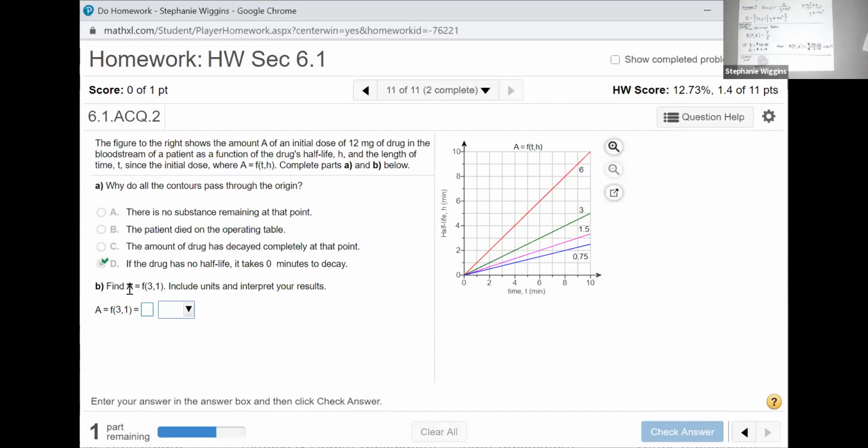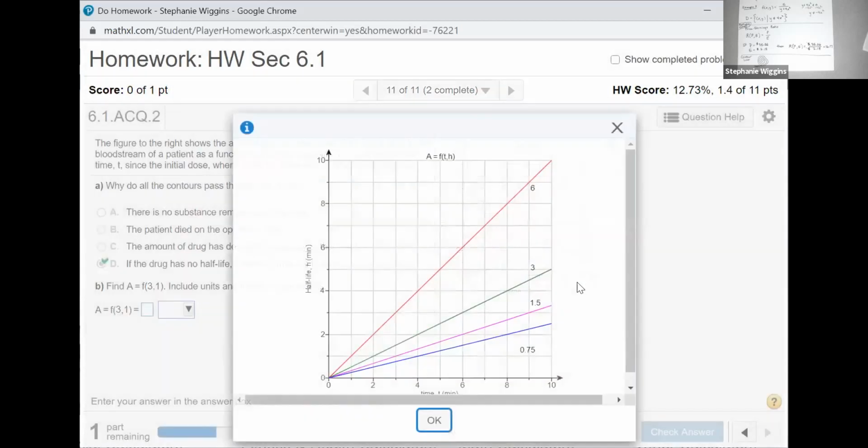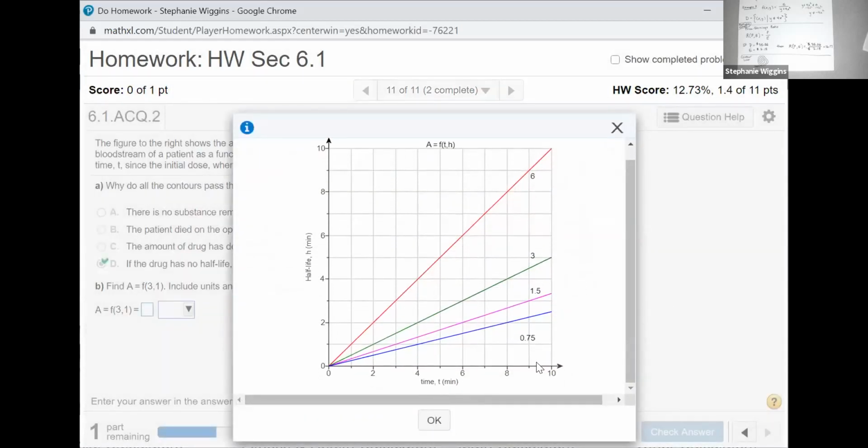Find the amount of the drug if T is 3 and H is 1. In other words, it's been in your bloodstream for 3 minutes and the half-life is 1 minute. What is the amount? Well, how do we calculate this? We go to our table here. Let me expand this. T is 3, so that's right here.